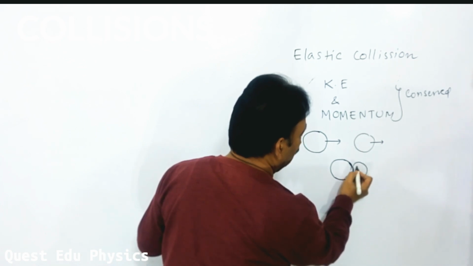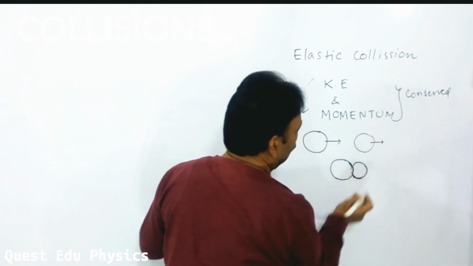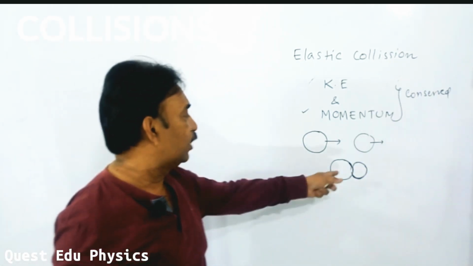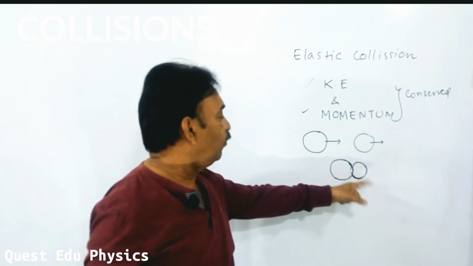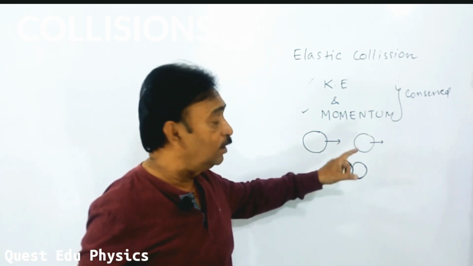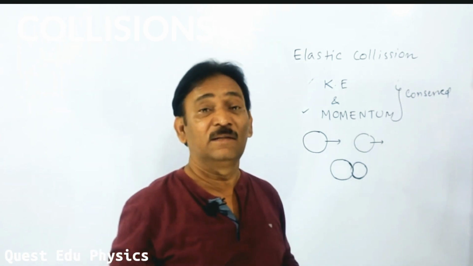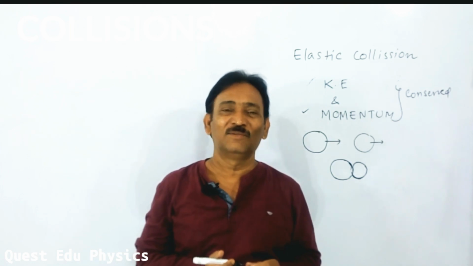It cannot be seen with our naked eye, but you can feel it. After the collision, they get separated and come back to the same state. They regain their same state. Such a collision is known as elastic collision.